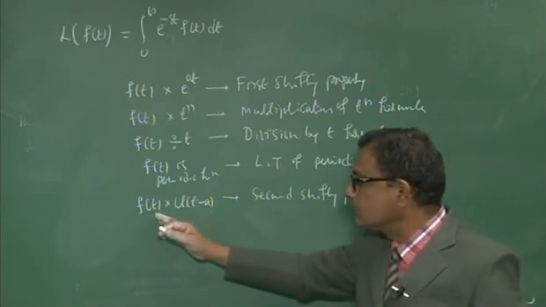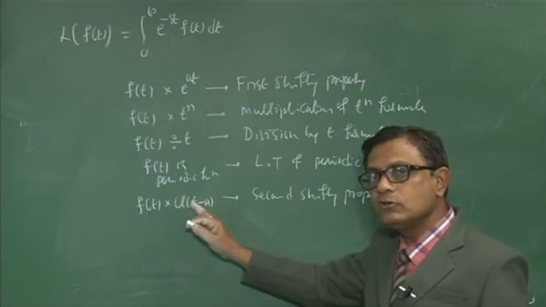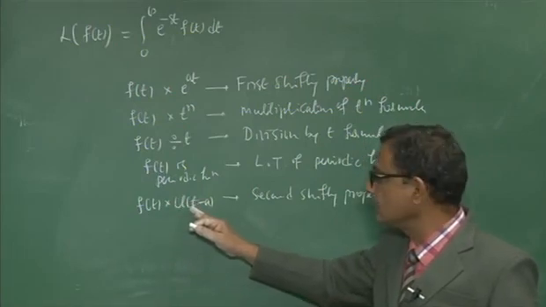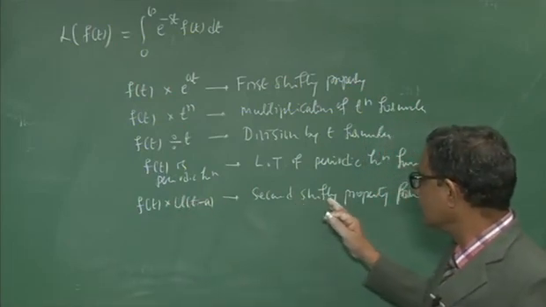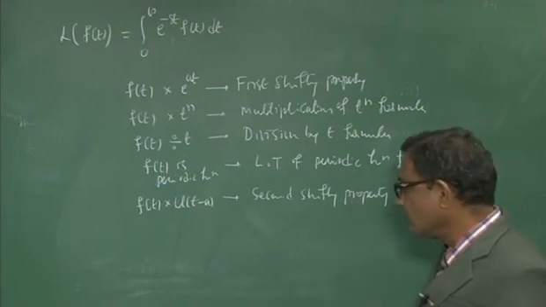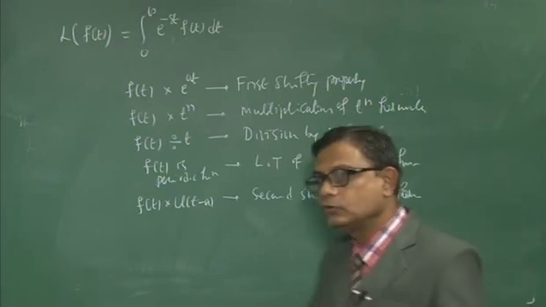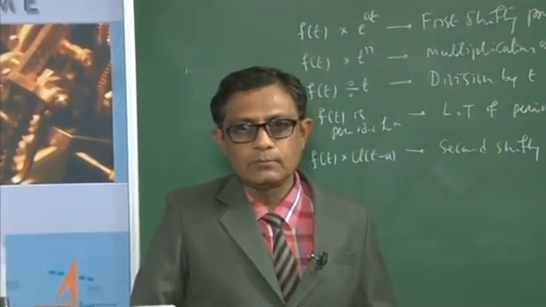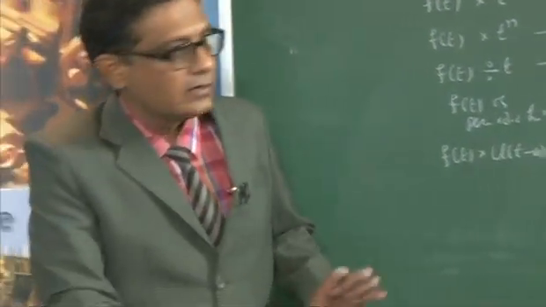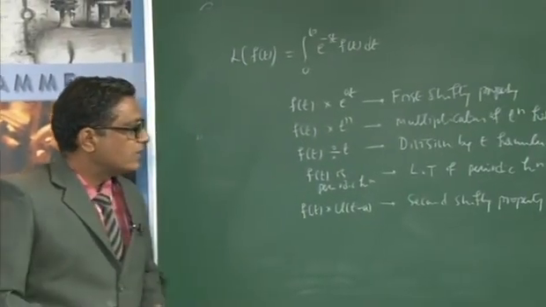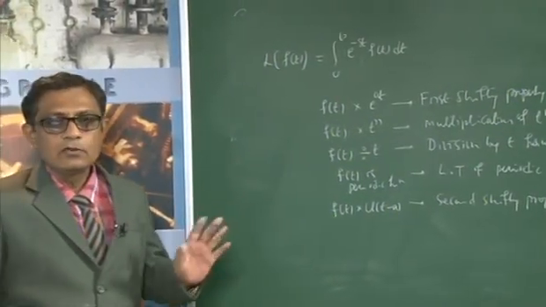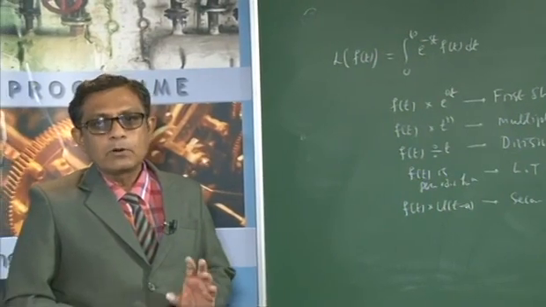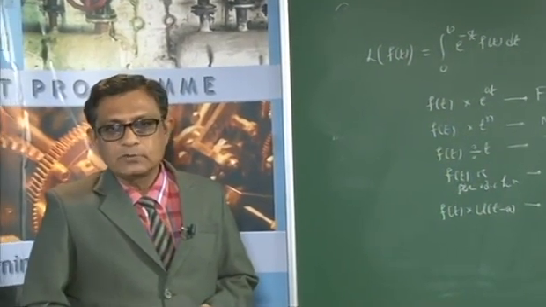If the function is multiplied by unit step function u(t minus a), you can use the second shifting property formula. Then you can do any type of example. This way you can remember when you have to use the properties of Laplace transform.